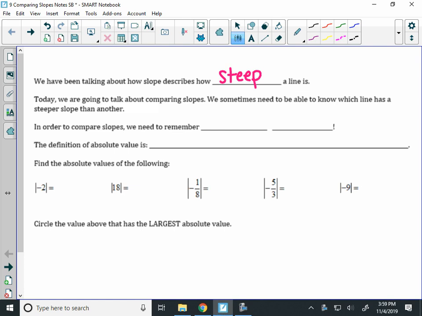In order to compare slopes, we need to remember something called absolute value. Now, we talked a little bit about absolute value way back at the very beginning of the year in Unit 1. If you forget what absolute value is, the definition of absolute value is a number's distance from zero.